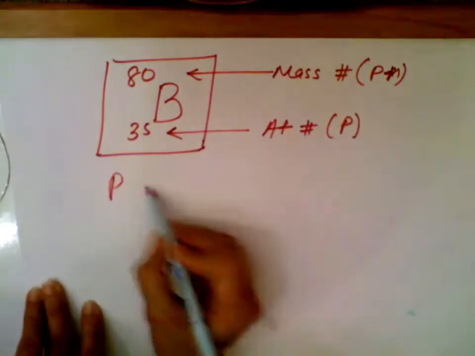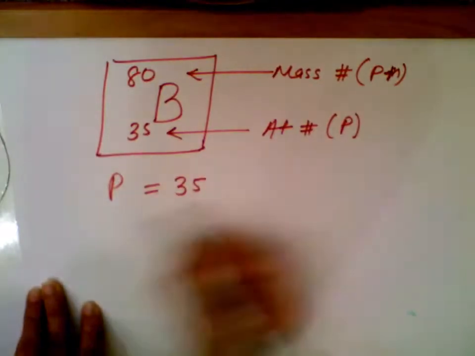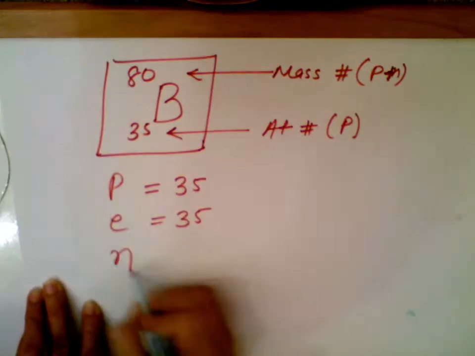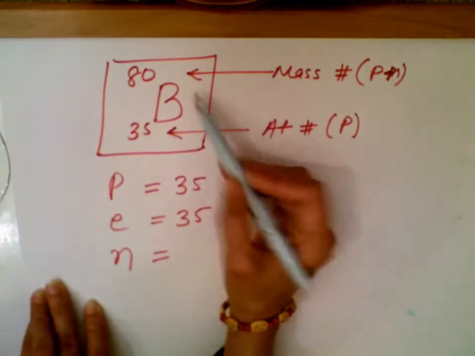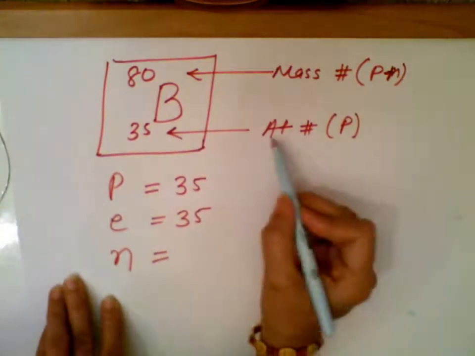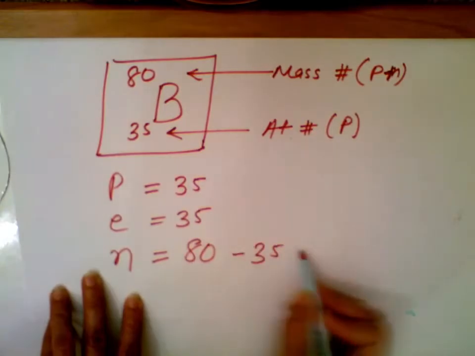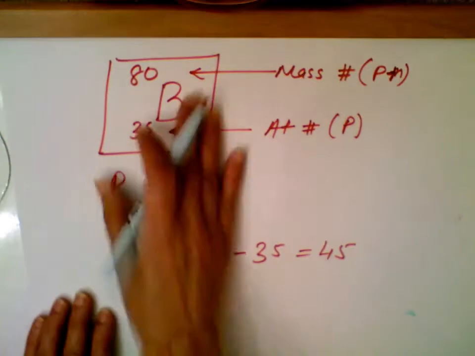So the protons here is 35 because that's the atomic number. Same number of electrons because it's electrically neutral, and to find neutrons you subtract atomic number from mass number and you get 45.